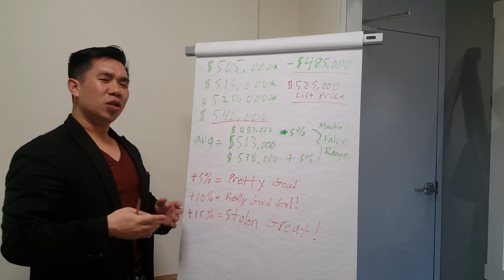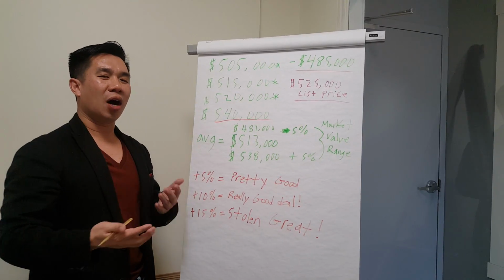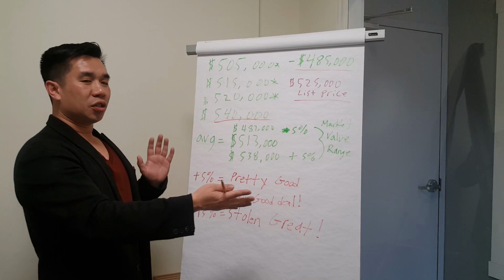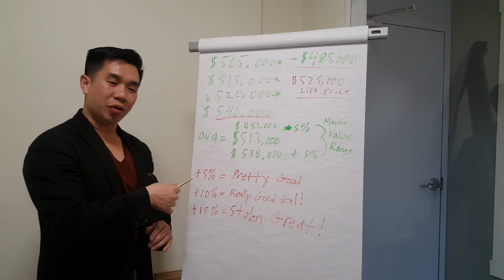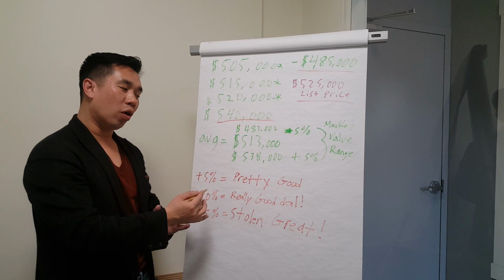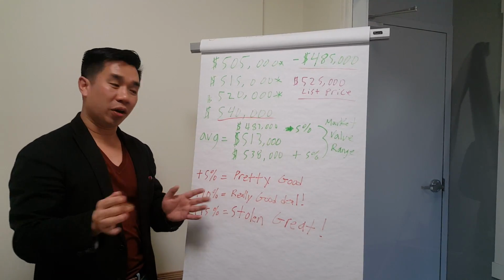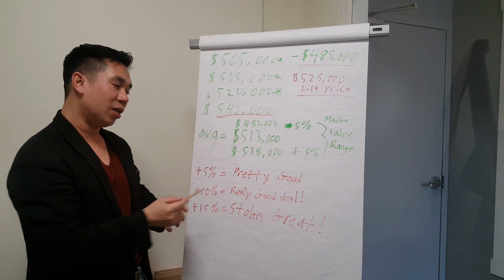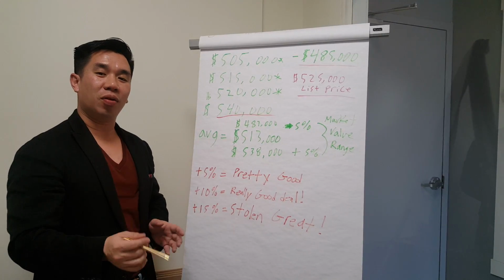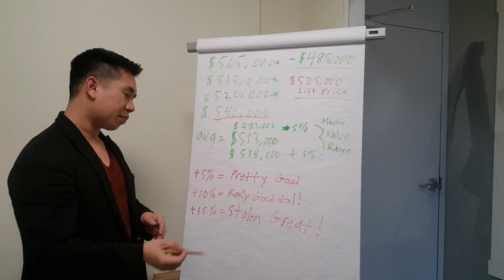So everyone always asks me, what's a good deal? How do I know I'm getting a good deal? So for average price real estate in whatever city you're in, often when you get 5% or more off the market value of the property, so say you got lower than 487, you got a pretty good deal. You should be pretty happy with that.